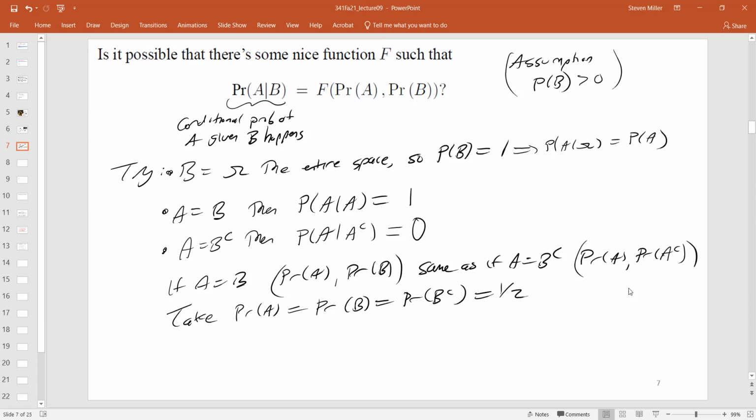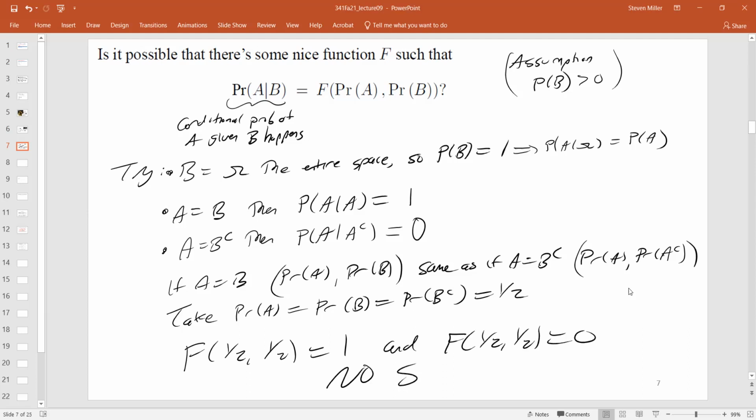So in a situation like that, I would have the special case where I would have f of 1/2, 1/2. So we would have f of 1/2, 1/2 equals 1, and f of 1/2, 1/2 equals 0. No such f exists.